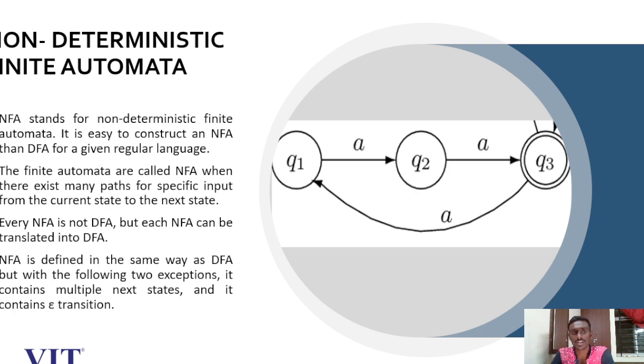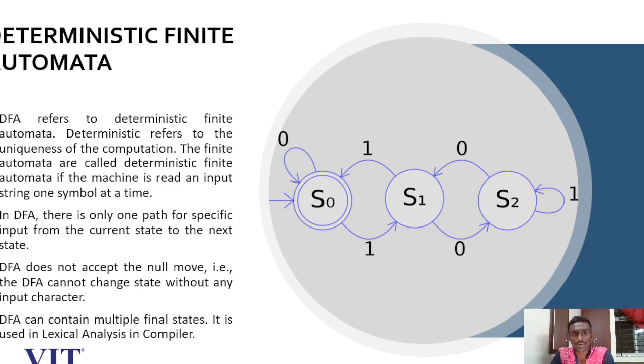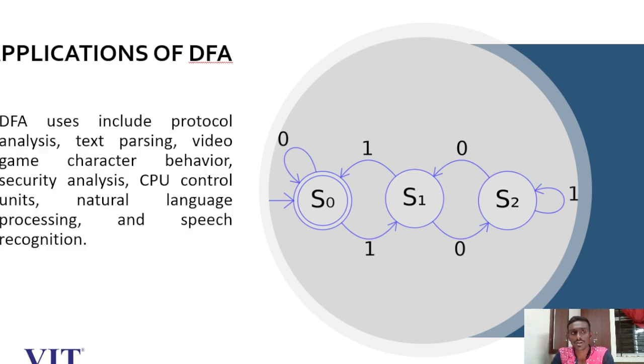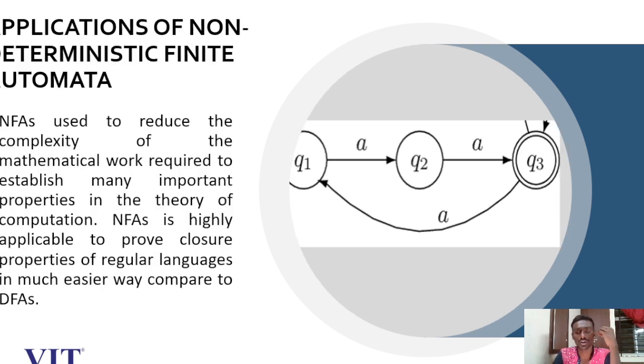In DFA there is only one path for a specific input. In NFA there are multiple paths for a specific input. You have to understand this. Every NFA is not a DFA, but each NFA can be translated into a DFA. NFA is defined in the same way as DFA, but with the following two exceptions: it contains multiple next states and it contains epsilon transition.